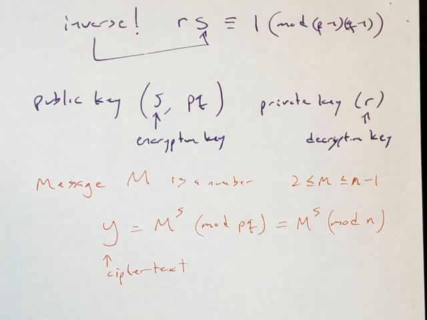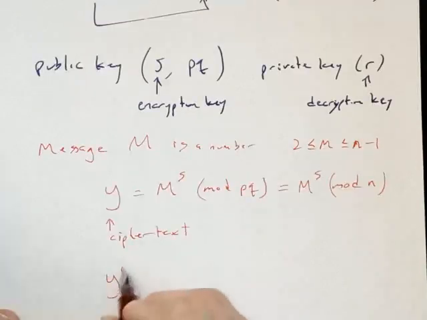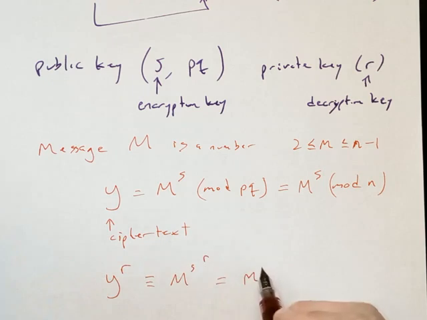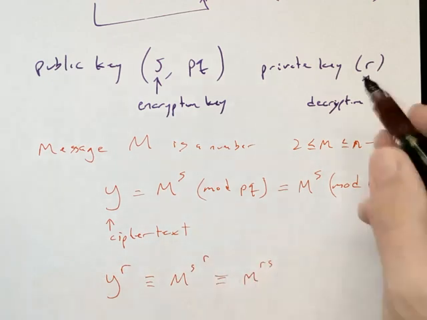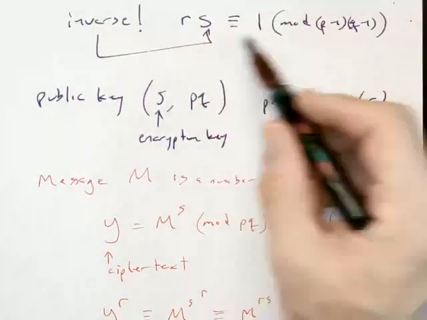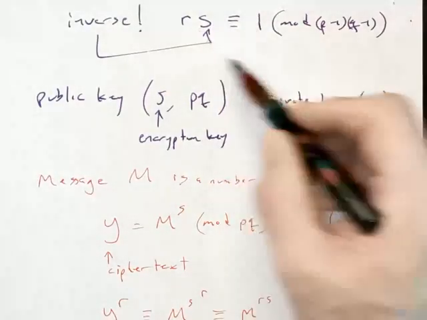I get Y. How do I decrypt it? Oh, I do Y to the r. Because that's the same as M to the s to the r, which is the same as M to the rs, but rs is 1.